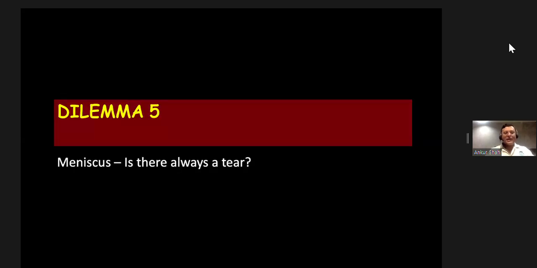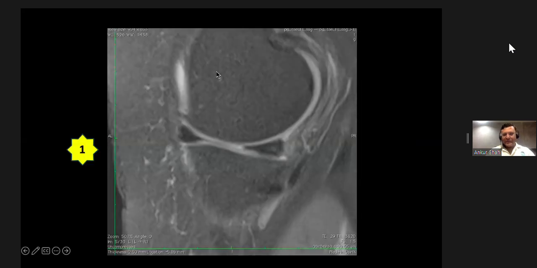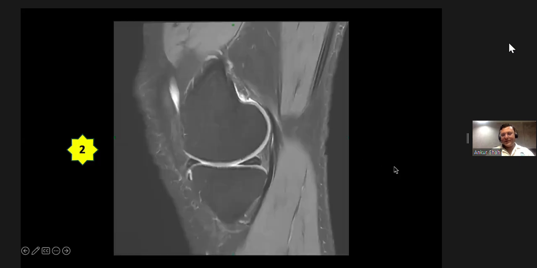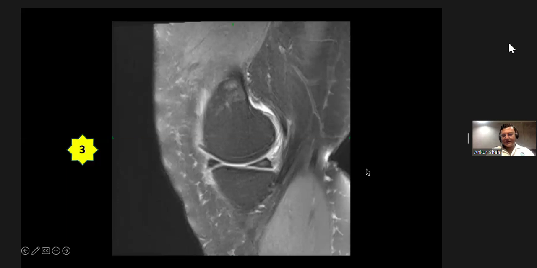Fifth dilemma is meniscus. Is there always a tear? So I'm showing you a few examples, and you need to decide yourself how many of these are tears. This is the first one, where you see this kind of hyperintensity in the meniscus. The second one, again, some hyperintensity in the meniscus.